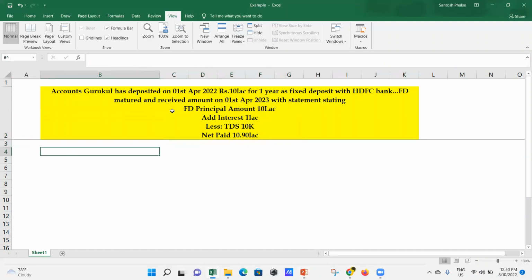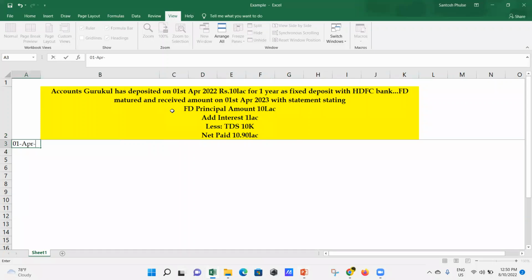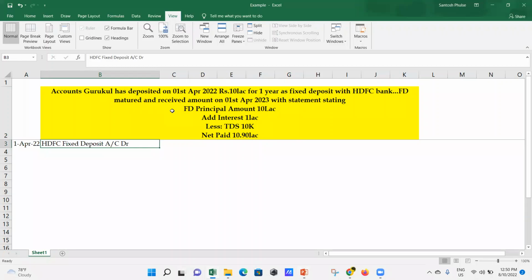First, the entry we have to post as on 1st April 2022 related to the deposit we made with the bank for 10 lakh. For that, what entry we have to pass? SDFC fixed deposit account is going to be debited, because money is going out, so bank account is going to be credited, and the amount is 10 lakh.